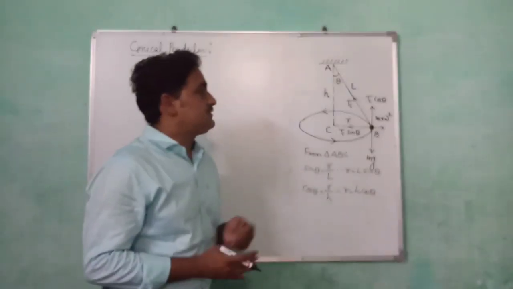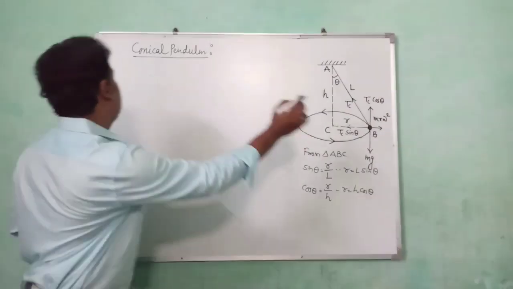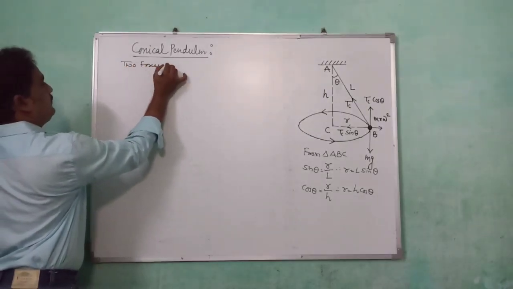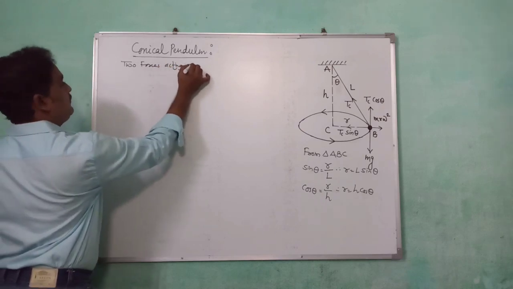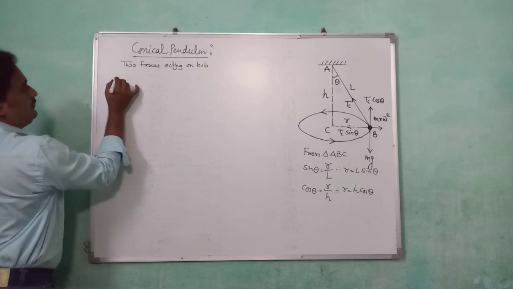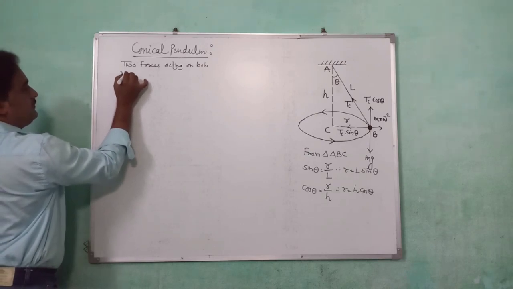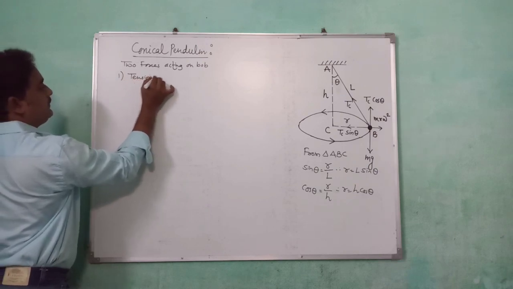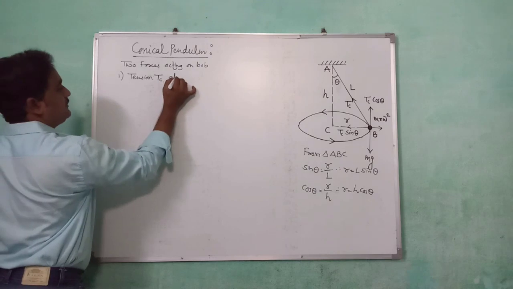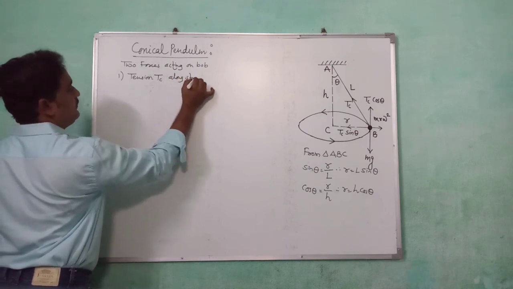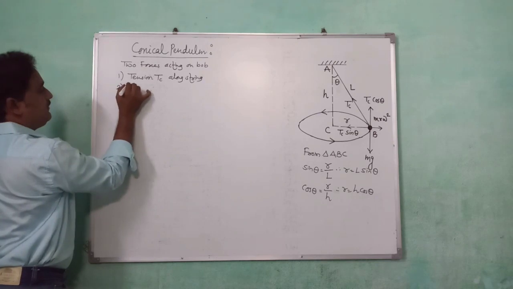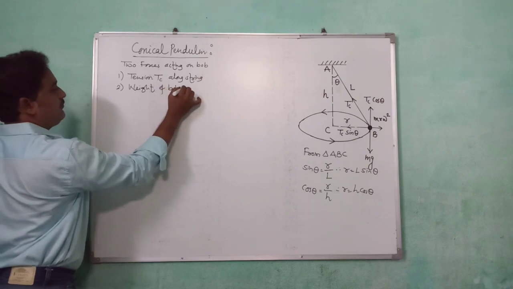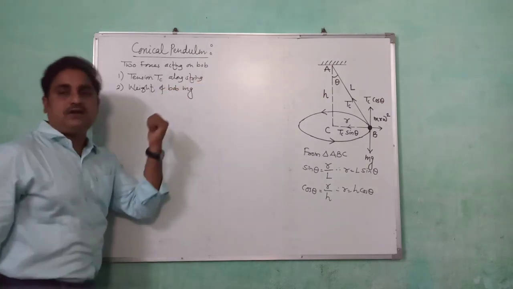Basically there are two forces acting on the bob. One is tension T along the string, and the second one is the weight of the bob, mg, in the downward direction.